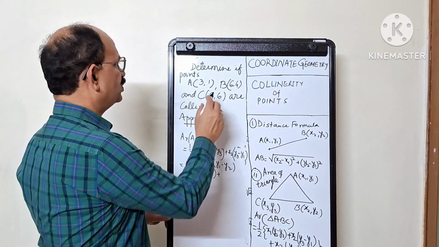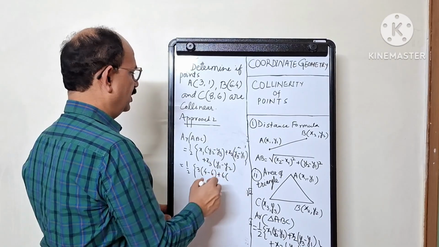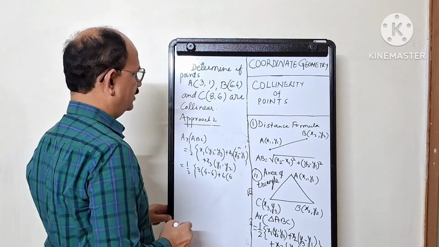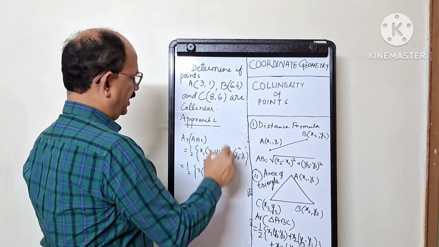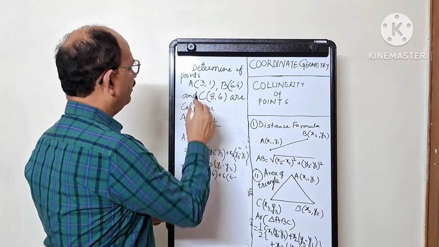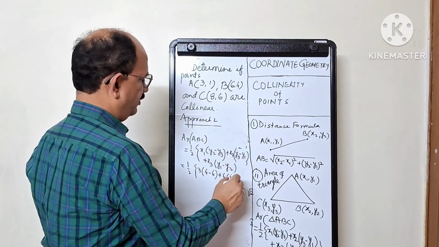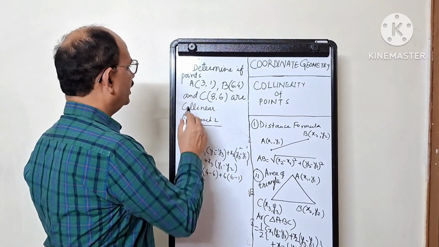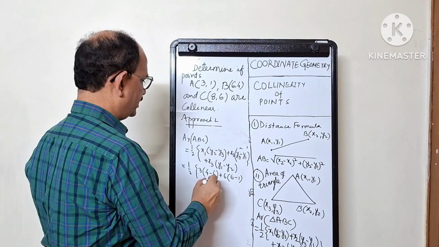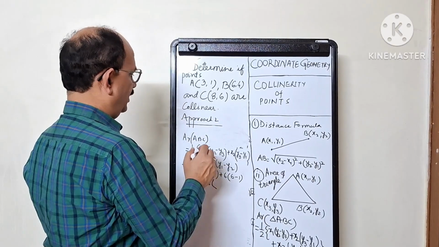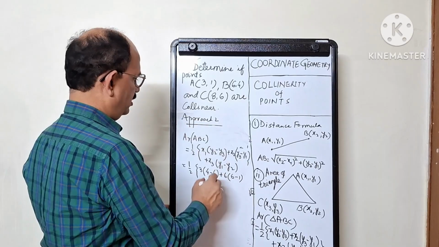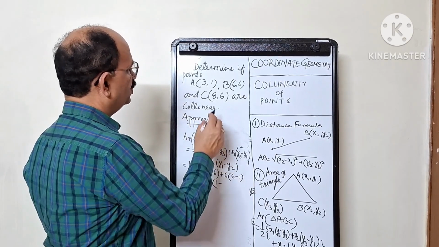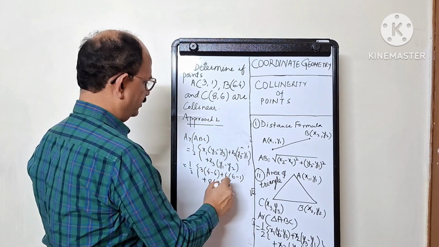Plus x2. x2 is 6 multiplied by y3. y3 is 6 and minus y1. y1 is 1. Okay. Plus x3. x3 is 8 in this case. And y1 is 1 minus y2, which is 4.